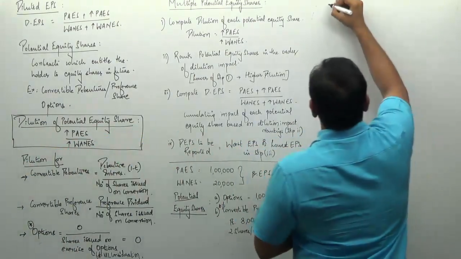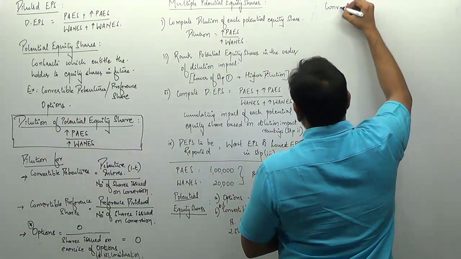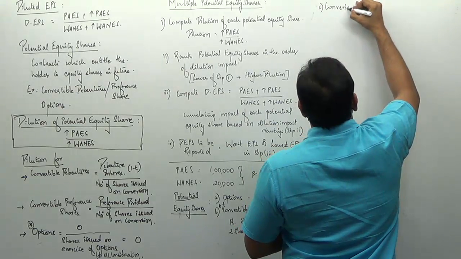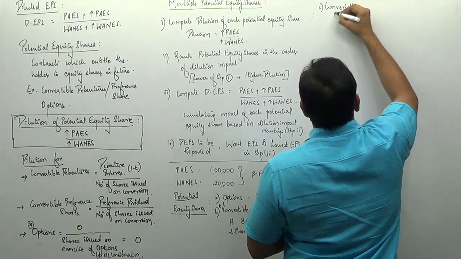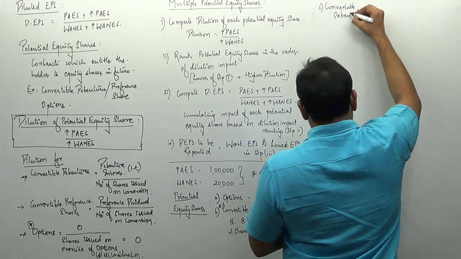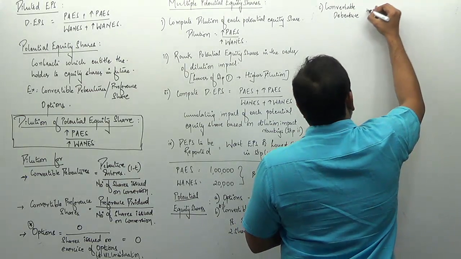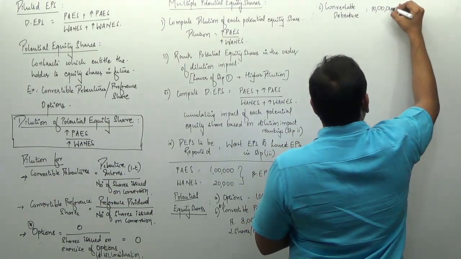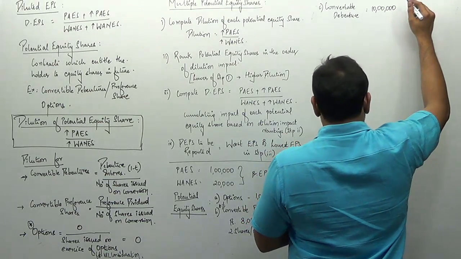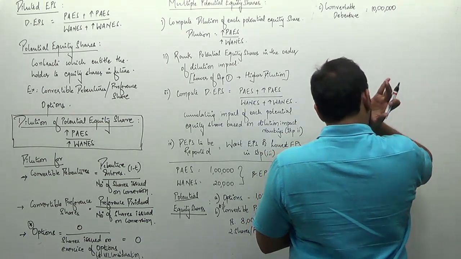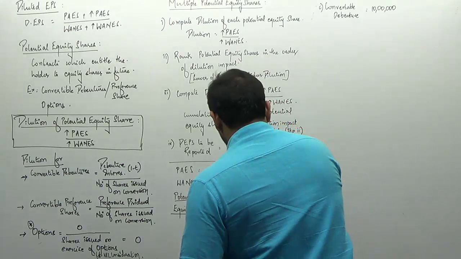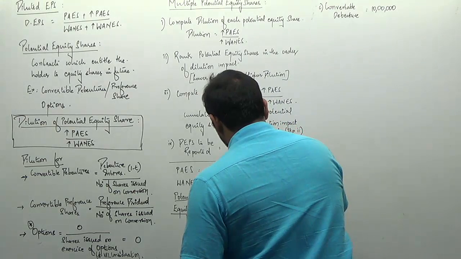Let's say along with that I have convertible debentures. Point number C. My convertible debentures are 10 lakhs. Let's keep this as rupees 8 lakhs only.